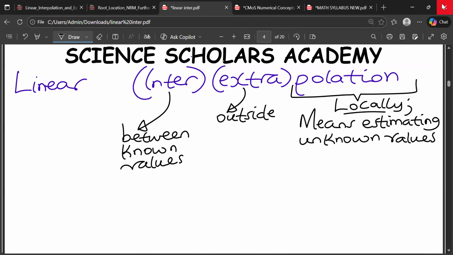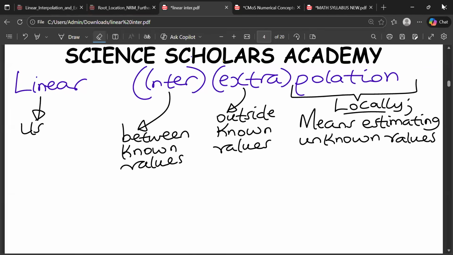Intracellular fluid is the fluid within the cells, the cytoplasm and its cytosol making up the protoplasm or protoplast. So that is outside known values.